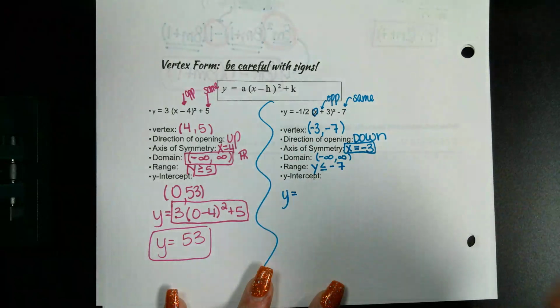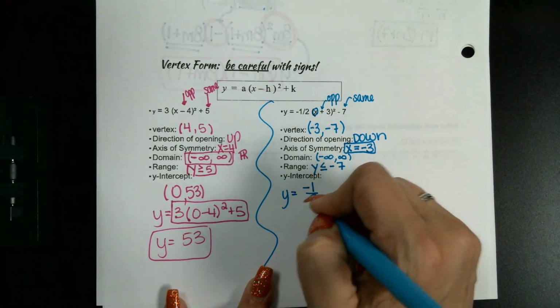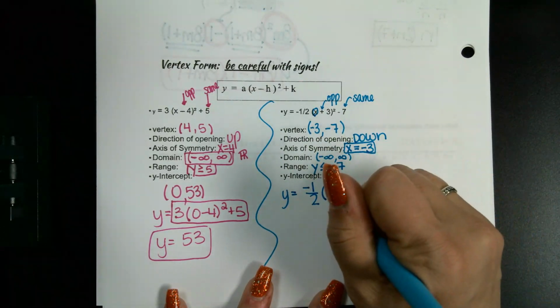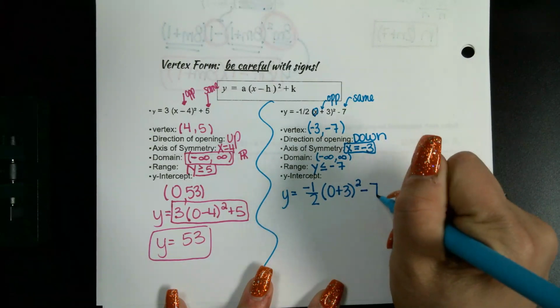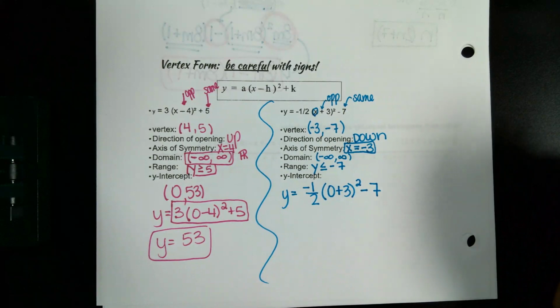So y equals -1/2, and then in parentheses 0 plus 3 squared minus 7. This one's going to be a decimal. So -11.5, right? Because it's a half.